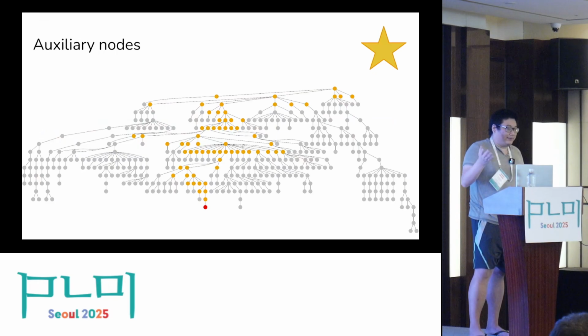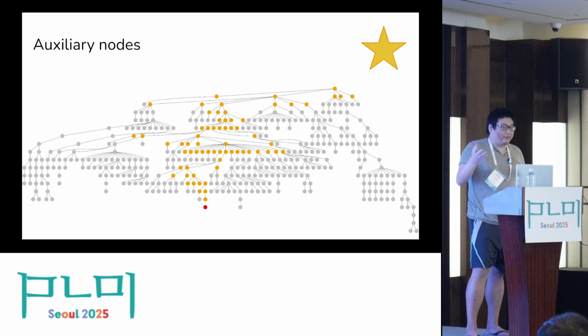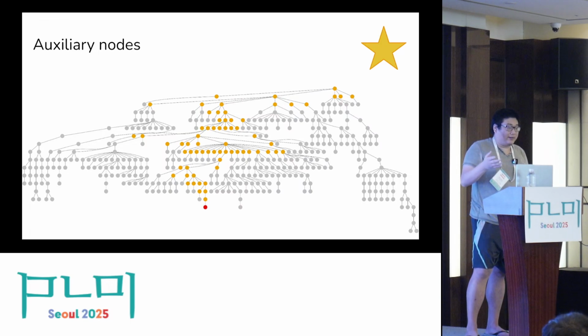Let's see what the state-of-the-art does. This is the state-of-the-art algorithm trying to find this red node at the bottom. To find this node, the state-of-the-art algorithm traverses the tree top-down, touching all orange nodes. We call these orange nodes auxiliary nodes because we touch them only to find the red node, not to recompute them.